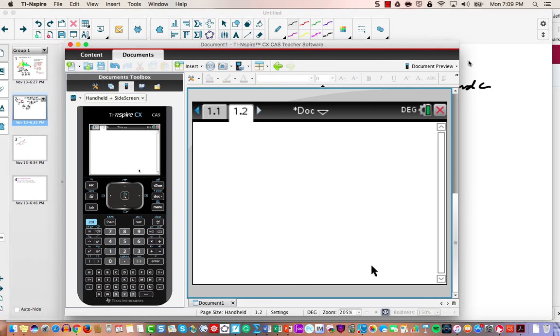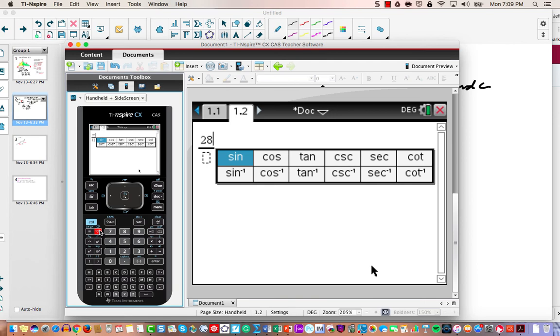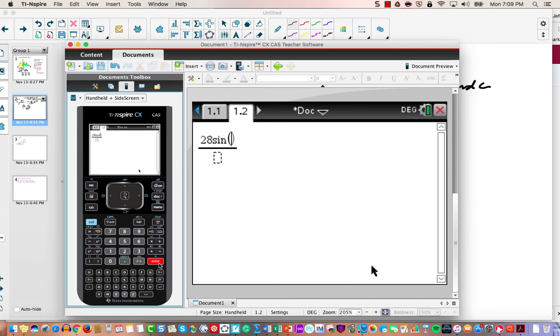Okay, I got my calculator opened up here. Now the calculator has a fraction template. It's control divide, and it sets you up with a numerator and a denominator. And I can just type in, for my numerator, 28 sine 102, and in the denominator, sine 36.